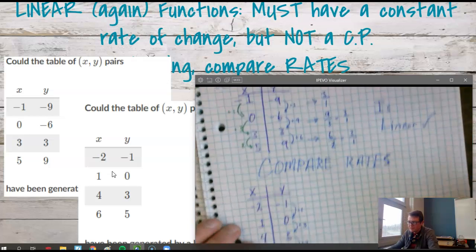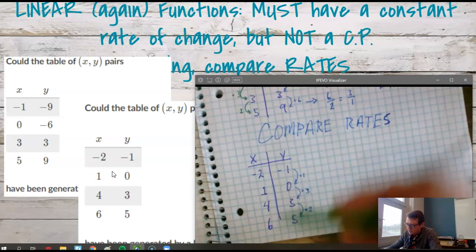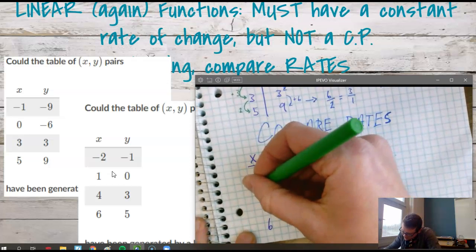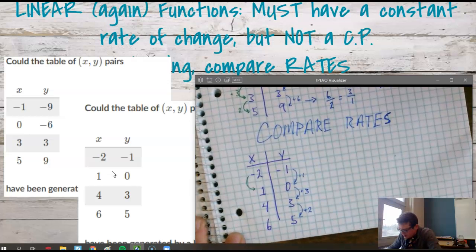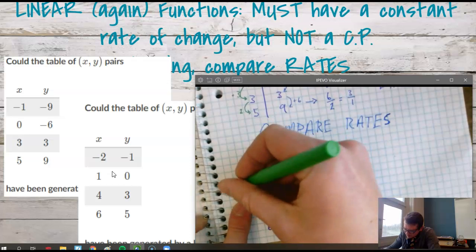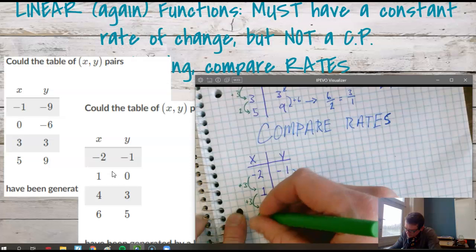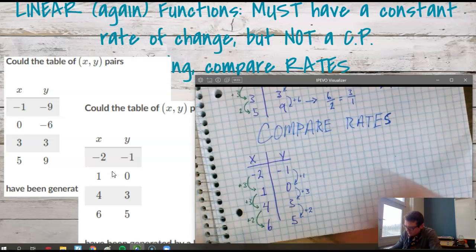So I have +1, +3, +2, but now I know that doesn't really matter. I got to look at the left side also. This is +3, +3, +2.